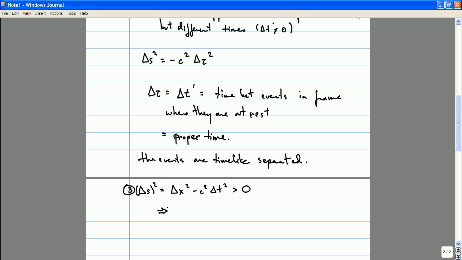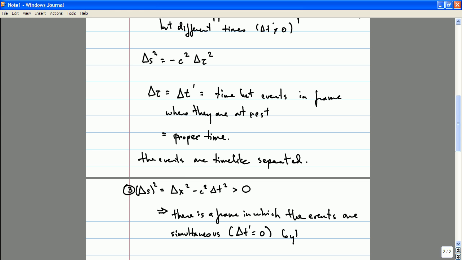And in fact, it's easy enough to see, as we will show in a minute, that this means that there exists a frame in which the events are simultaneous. That is to say, delta t prime is equal to 0 in that frame, but the separation between the two events, delta x prime in that frame, will be non-zero.